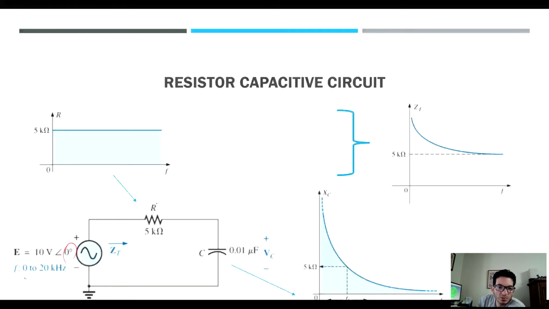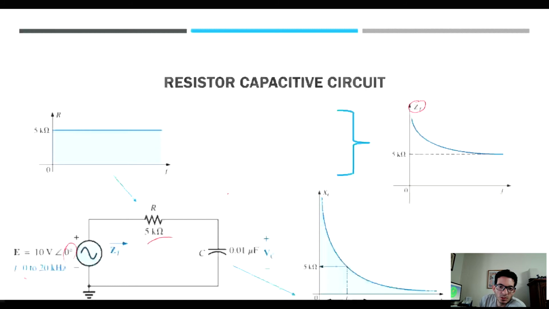There's going to be a fixed 5 kilo ohm resistor, or 5,000 ohms, and there's going to be a fixed 0.01 microfarad capacitor. We want to know what is the frequency response, what is the total reactance, what is the total impedance Z, and the voltage drop through the capacitor.